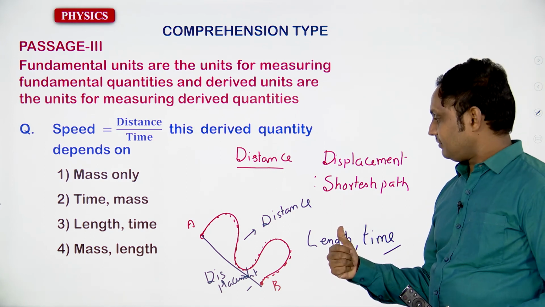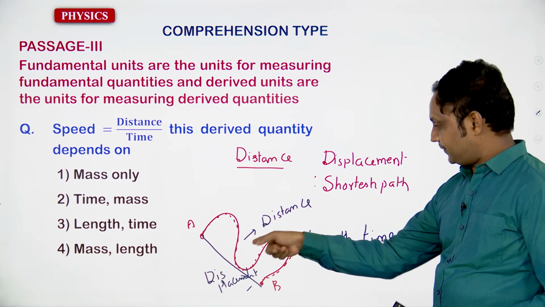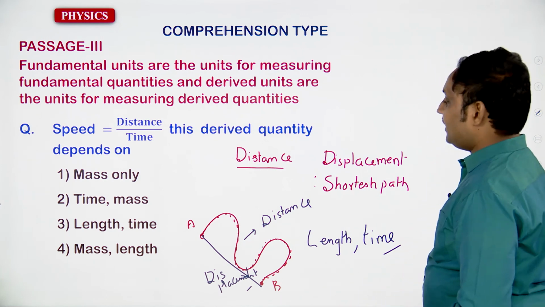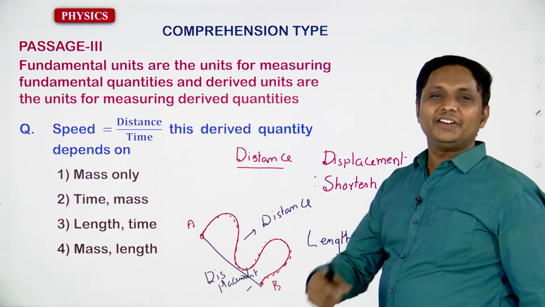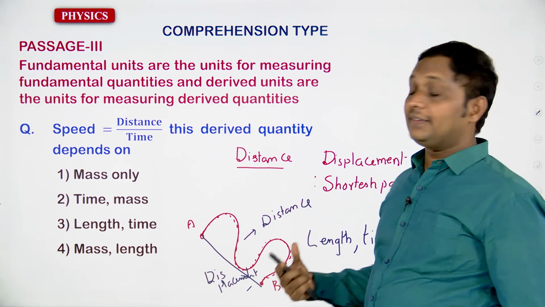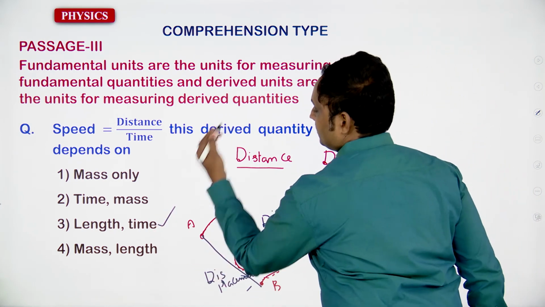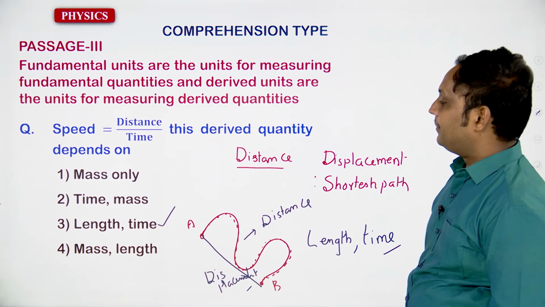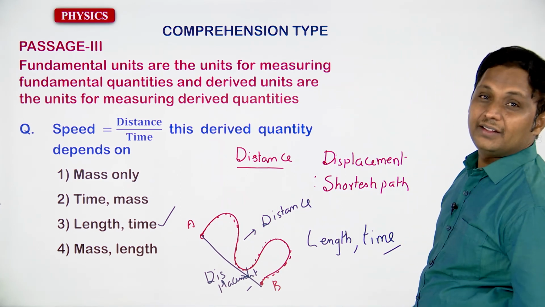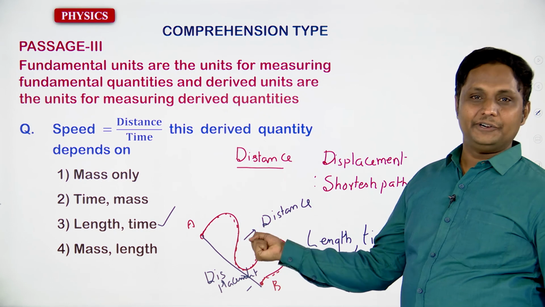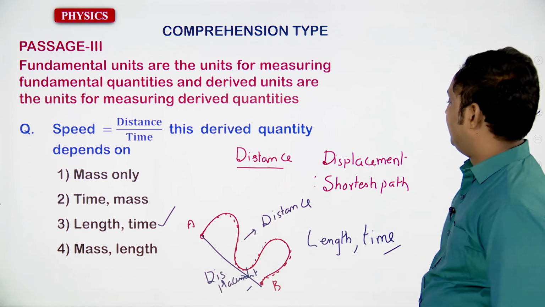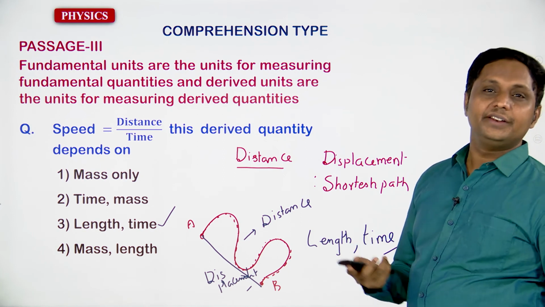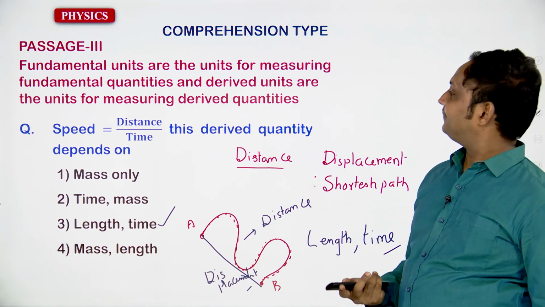Now we are going to take whether speed is represented with the fundamental quantities, length and time. Speed, distance covered, displacement, just you have to take that. Very clear? You would like to differentiate both the cases.